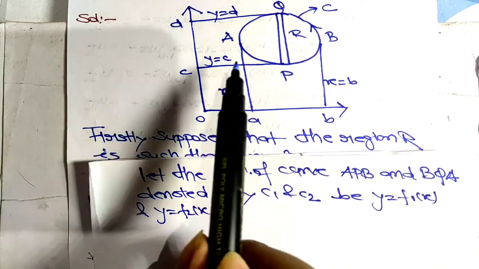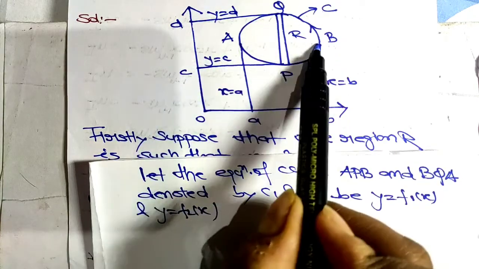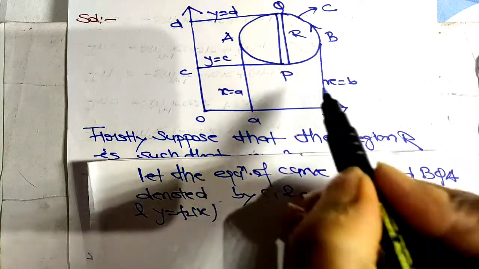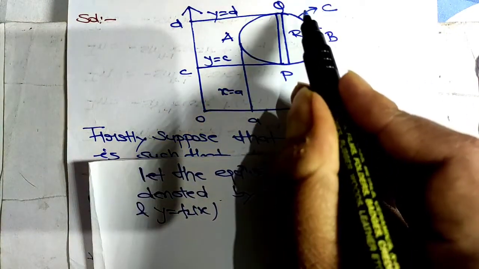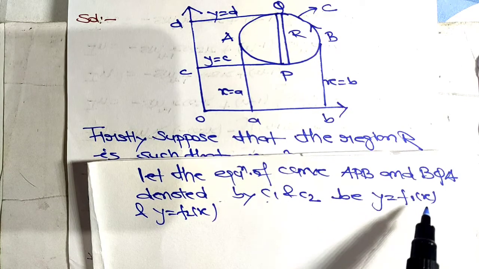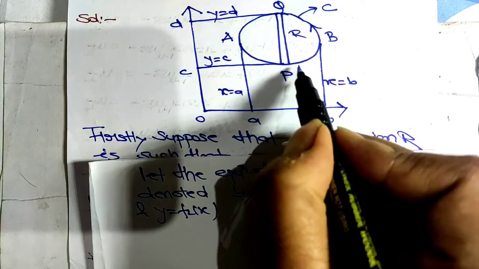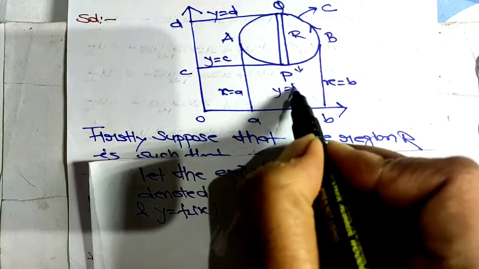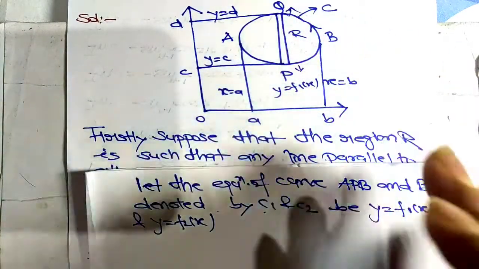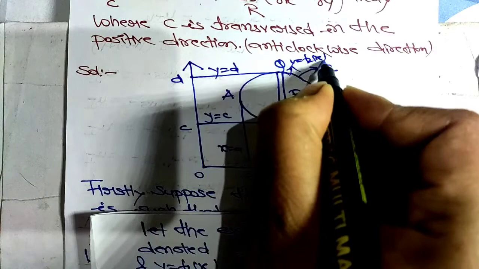So we are assuming these curves APB and BQA, C1 and C2. This side is C1 and this side is C2, and the equation of the curve for this side is y = f1(x), and for this side y = f2(x).